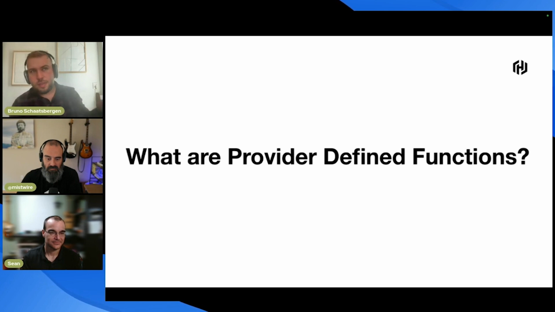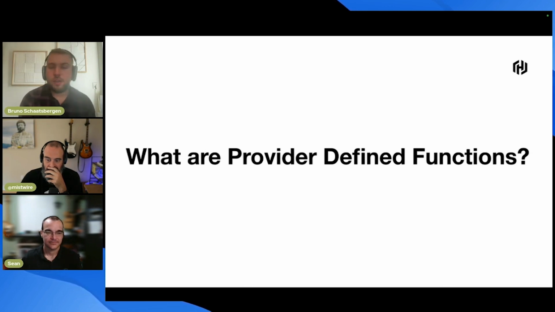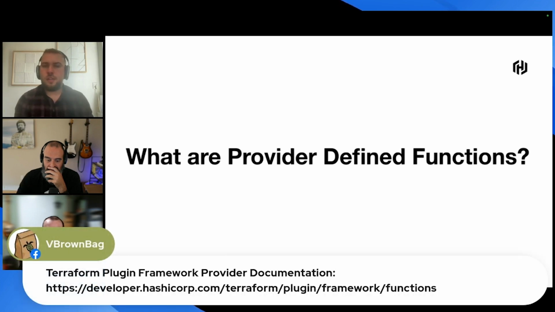So I think the concept of functions is well known within Terraform. You have built-in functions, and we have a rich set of functions ranging from numeric to string to IP address related functions, but they're all built-in functions inside of Terraform core. And they aren't specific to any of our providers. They're very agnostic, right?